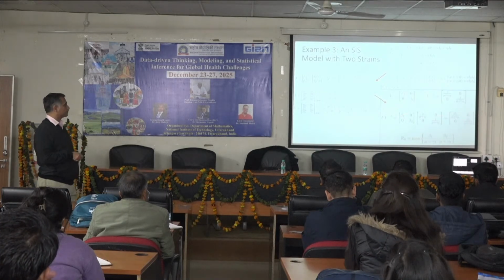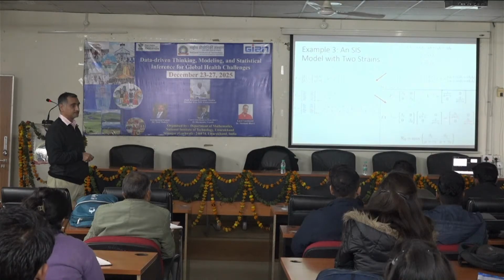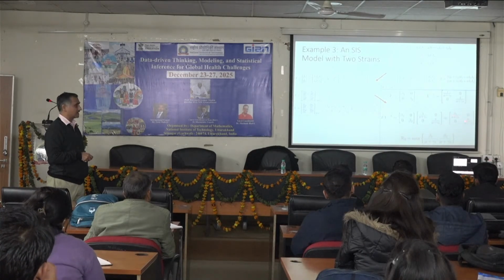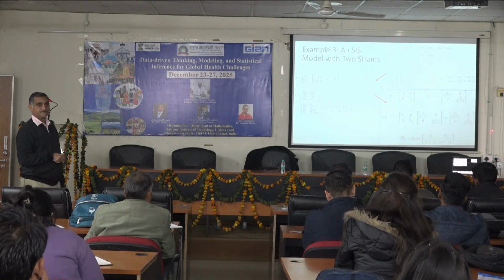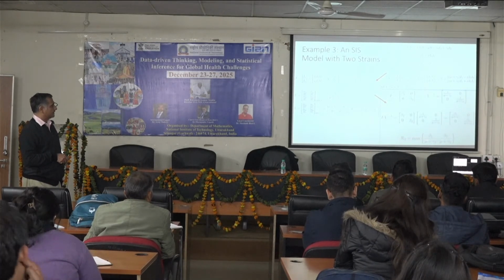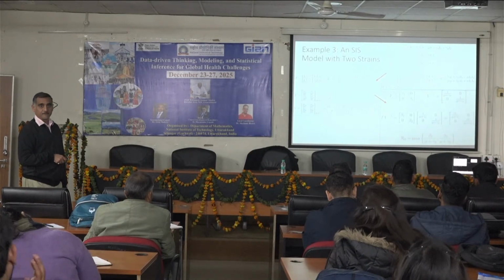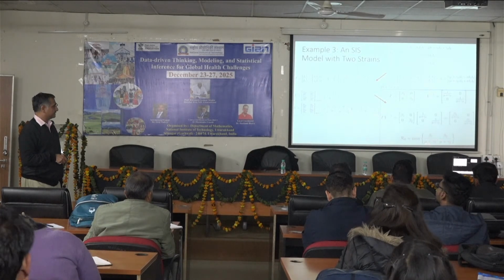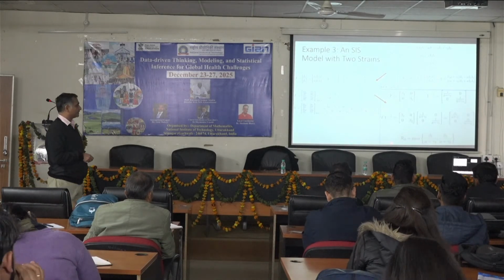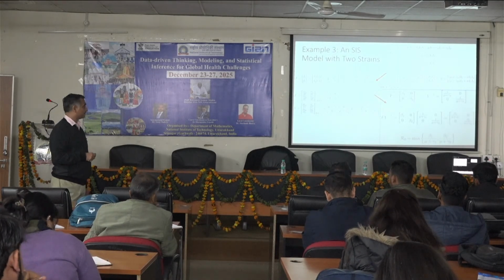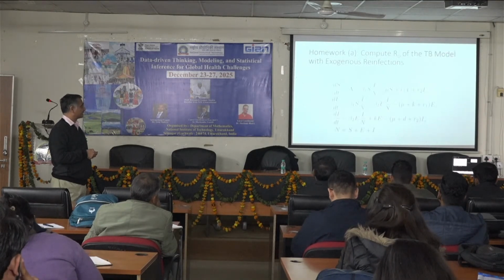The dominant eigenvalue of this will be the maximum of these two, since these two are the eigenvalues because this is a diagonal matrix. So this is the R naught. What it is saying is that it depends on which strain is more dominant, because it is the maximum of those ratios, and depending on that the disease will propagate or not propagate. So this is for the two strain model.